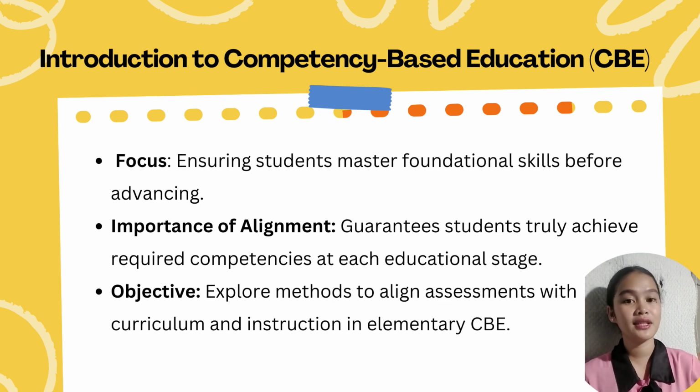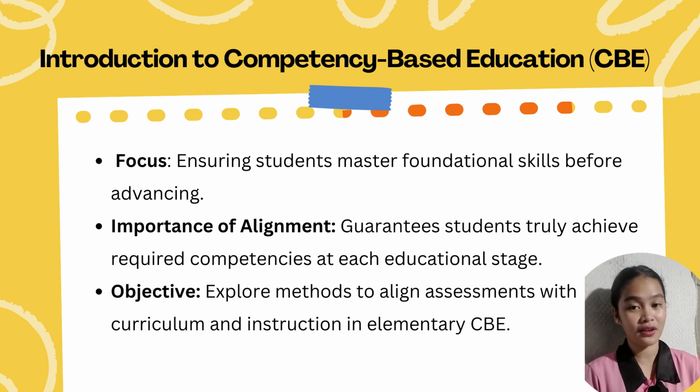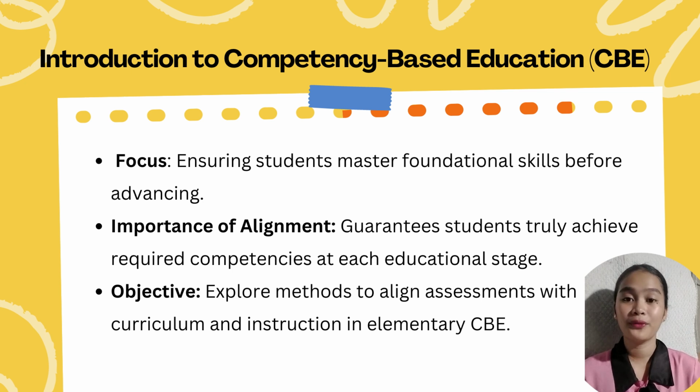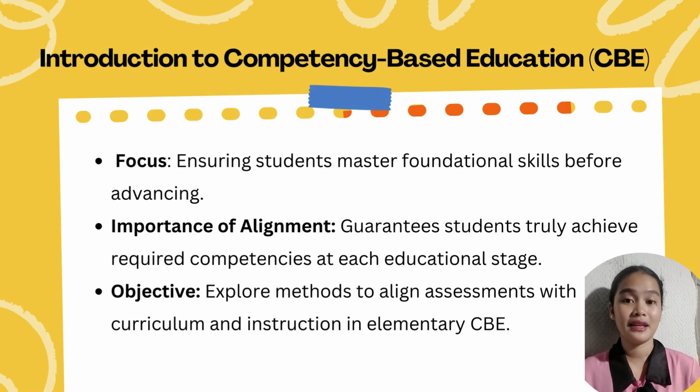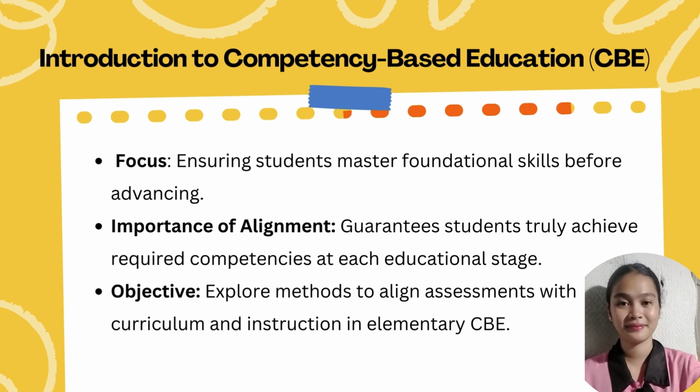For elementary students, this means mastering the basic competencies before moving on to more advanced concepts. This presentation will focus on how to align curriculum, instruction, and assessments in CBE to help students achieve these critical competencies, particularly in the elementary setting.